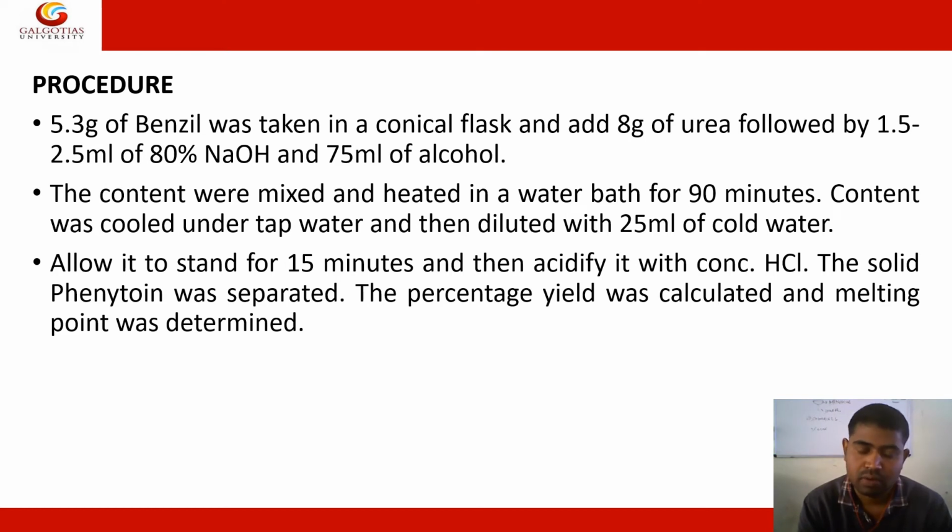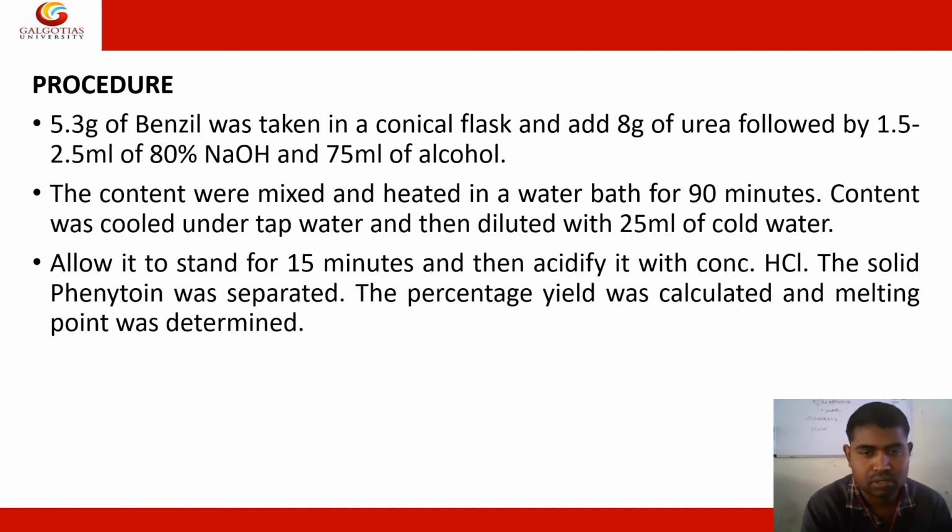What do you have to do next? You just have to filter out this white precipitate or solid substance. After the filtration, you take it in a conical flask and dry it in an oven for 10 or 15 minutes at 120 degrees Celsius. After drying, you just have to calculate the weight on a weighing machine, and then calculate the percentage yield and the melting point.